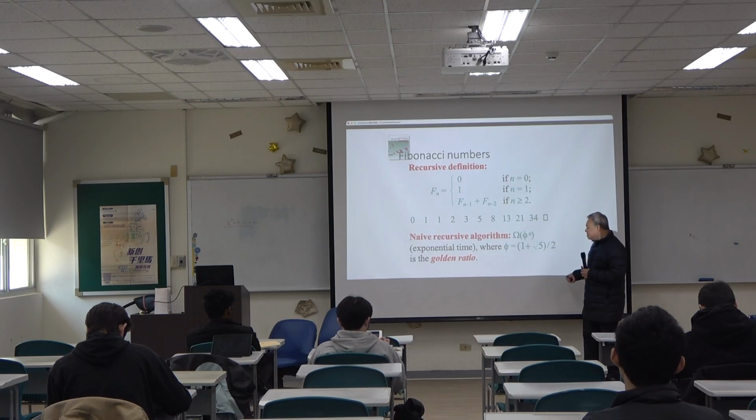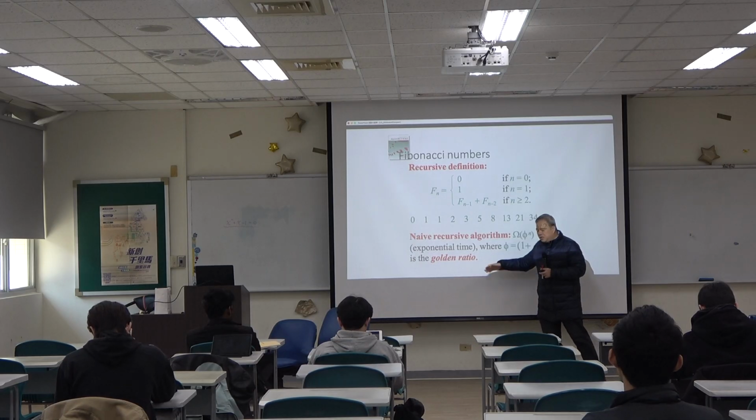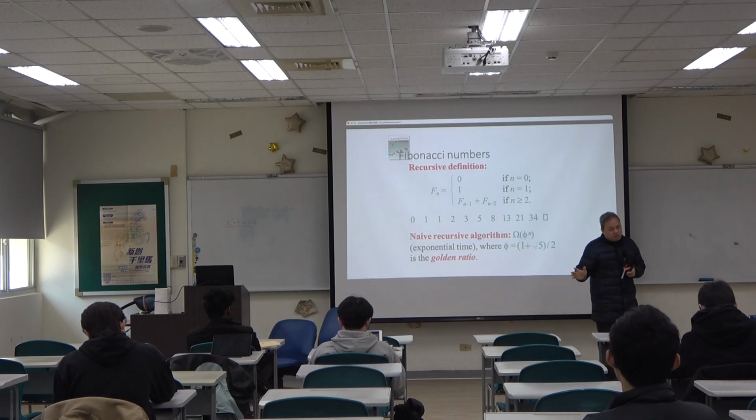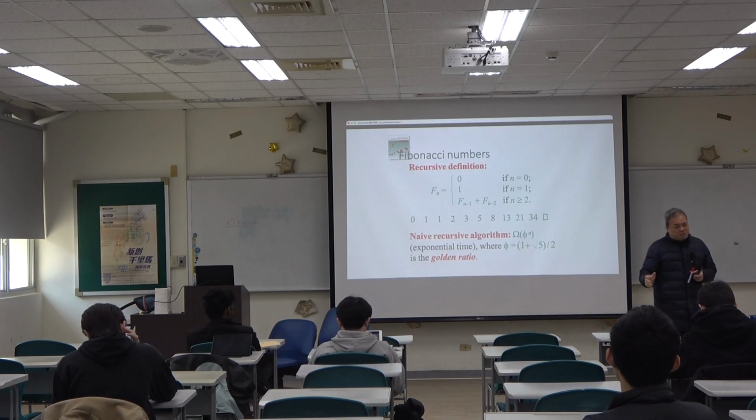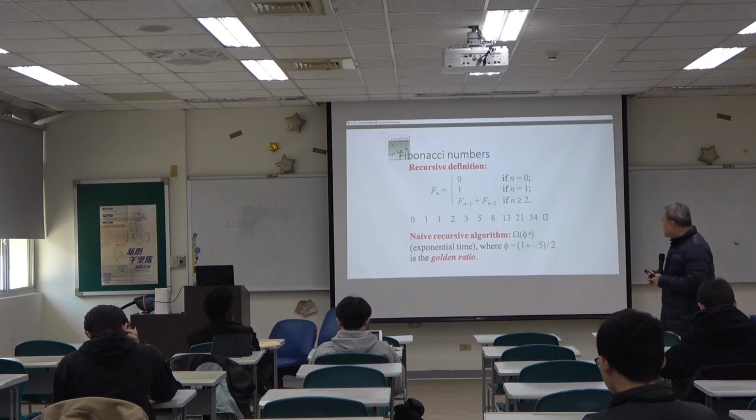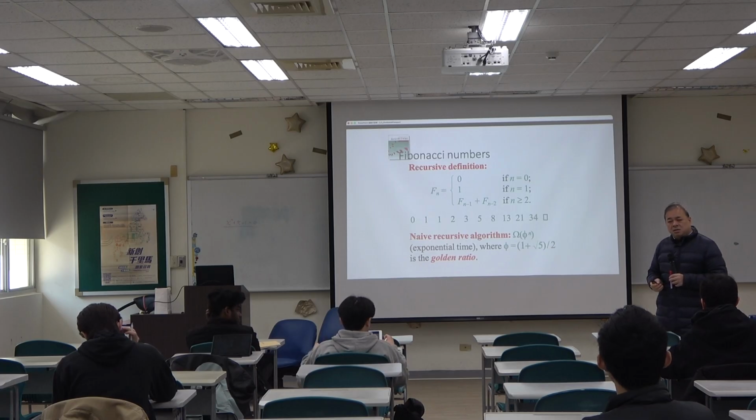But still, even though we say this is the golden ratio, this is just an approximation. Is there a better way to compute your Fibonacci numbers? So that's our question.